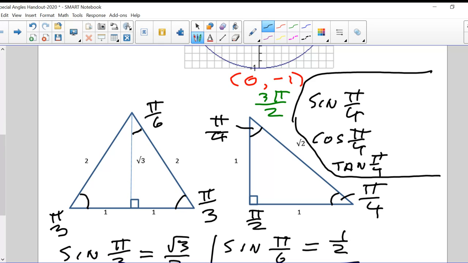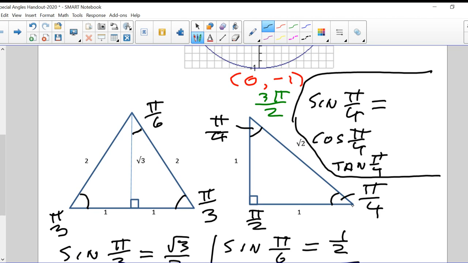Okay, so that's this diagram in the side over here. We're going to use a different triangle because pi over 4 is not going to be in the first triangle, it's in the second triangle. Let's start off with the sine of pi over 4.